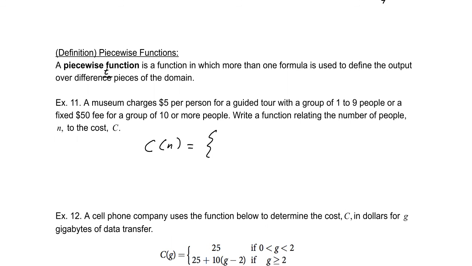If n is between 1 and 10, not including 10, it's $5 per person, so 5n. If n is greater than or equal to 10, then the cost is a fixed $50. And that is a function that describes how that will work.